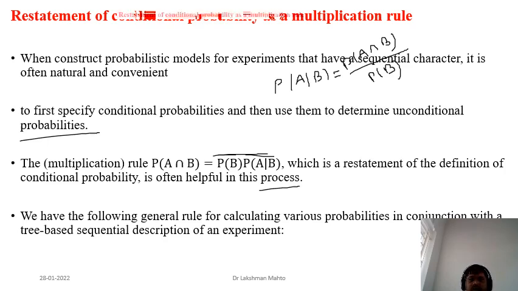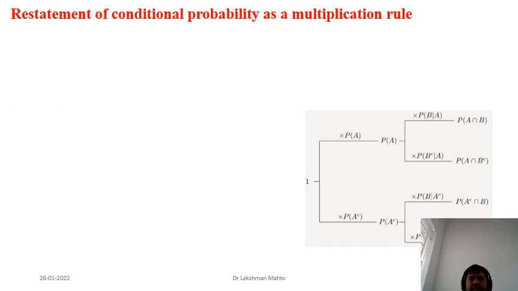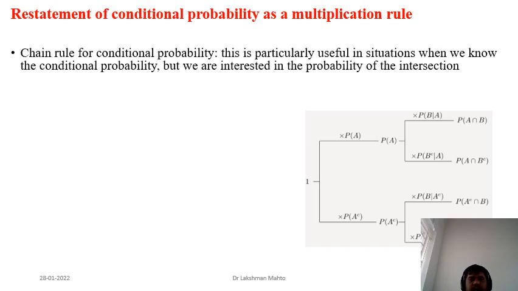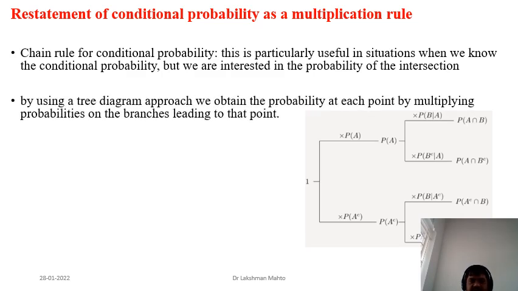Another name for it is the chain rule or multiplication rule. It is particularly useful when we know the conditional probability but are interested in the probability of the intersection. Using a tree diagram approach, we obtain the probability at each point by multiplying the probabilities on the branches leading to it.